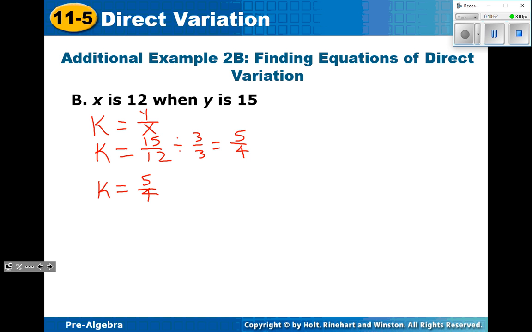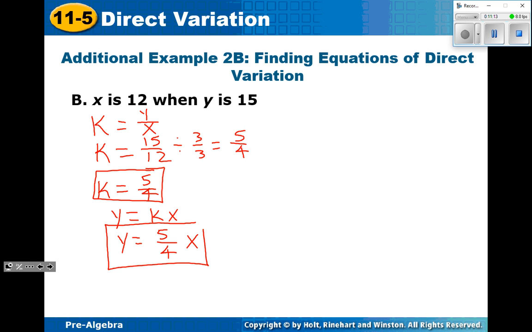And just like with slope, we're going to leave that as an improper fraction. And in fact, if you think about it, that is the slope. Then if we know k, we just plug it into this to write the direct variation equation. So really, if they give you x and y, all you have to do is y divided by x, and then plug that number in there. That's all there is to it.